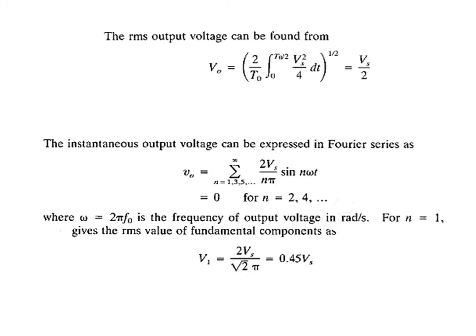Where omega is 2 pi f0, the frequency of output voltage in radians per second, and for n is equal to 1, the above equation gives the RMS value of the fundamental component as V1 is equal to 2 Vs divided by under root 2 pi, which is equal to 0.45 Vs.